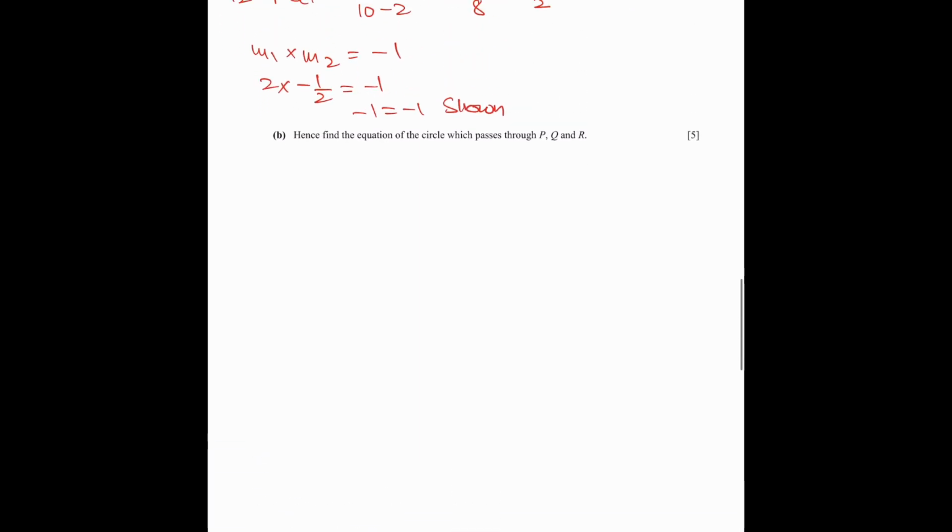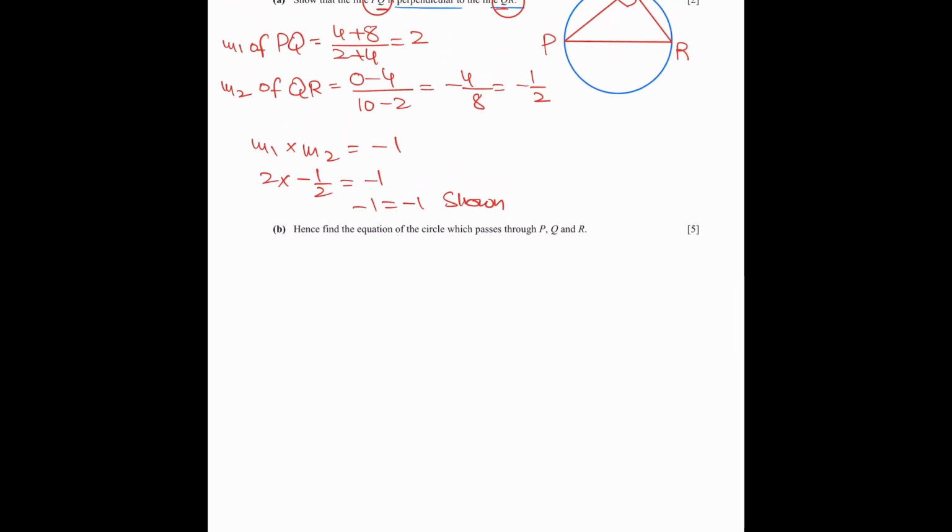Part B. Hence find the equation of the circle which passes through P, Q and R. So at Q we have a right angle, that means PR will be the diameter, and the midpoint of the diameter is the center.